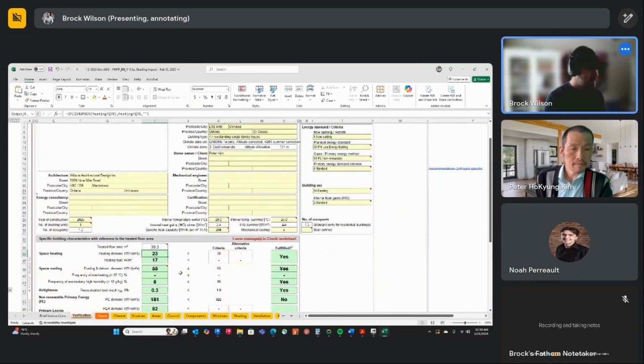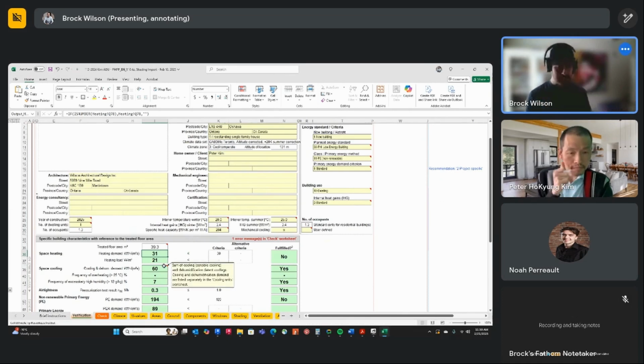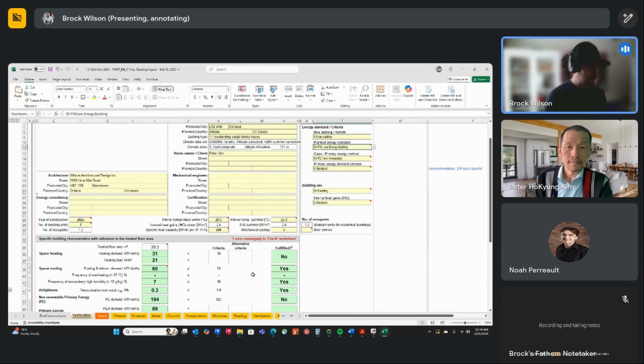Okay, now go back to verification. I think no, I have to save. So you can see how it jumped up. Now, of course, that's above the Passive House requirement for low energy building, which we're getting as part of the certification.